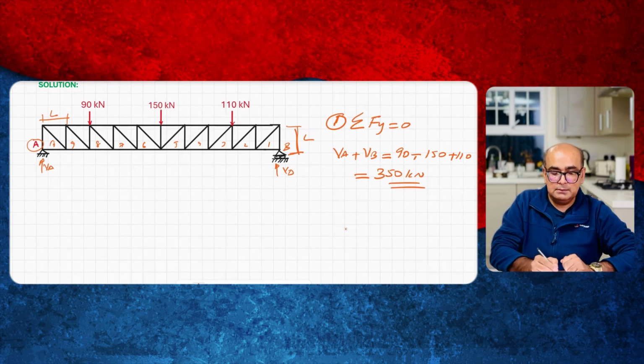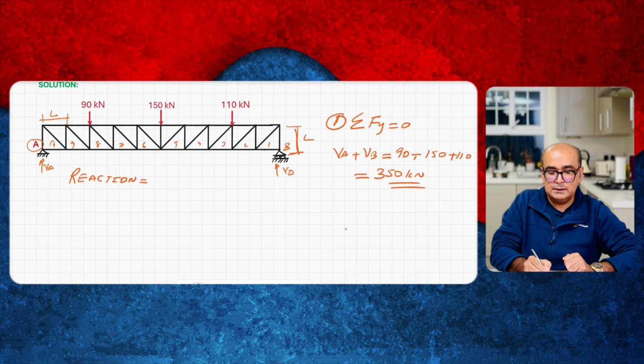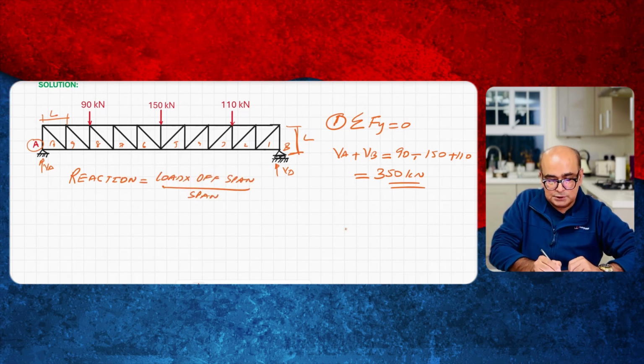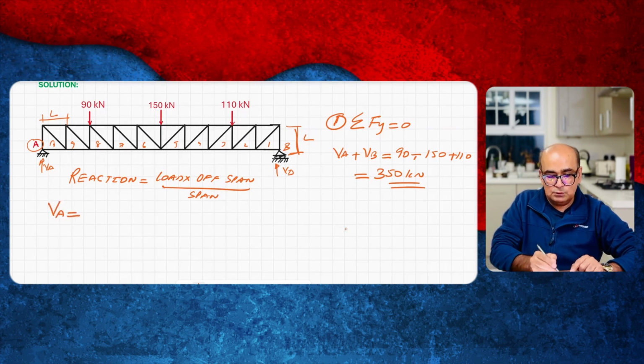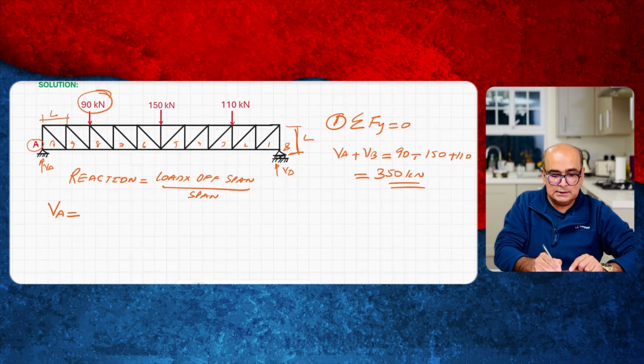Then I will use the same logic as I used earlier. If you want to find out reaction, then reaction is simply load times off span divided by full span. So I will use this logic again. So let's say VA is load, first load I'm going to take is 90.